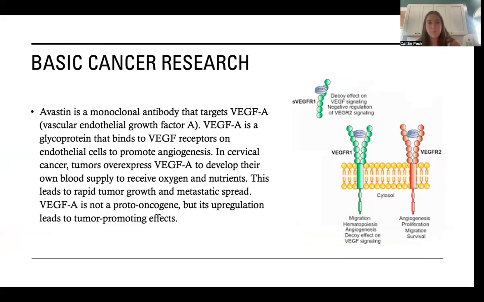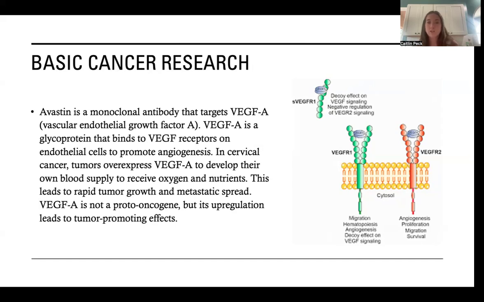Okay, so a little bit about the drug that we chose. Avastin is a monoclonal antibody that targets VEGF-A, which stands for vascular endothelial growth factor A. VEGF-A is a glycoprotein that binds to VEGF receptors on the endothelial cells to promote angiogenesis.